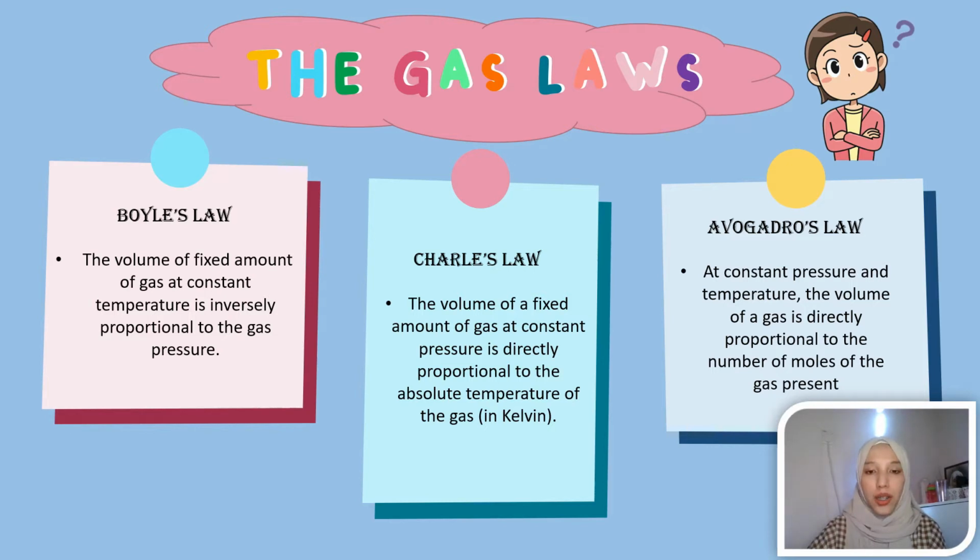Charles's law is that the volume of a fixed amount of gas at constant pressure is directly proportional to the absolute temperature of the gas in Kelvin. The last one is Avogadro's law. At constant pressure and temperature, the volume of a gas is directly proportional to the number of moles of the gas present.